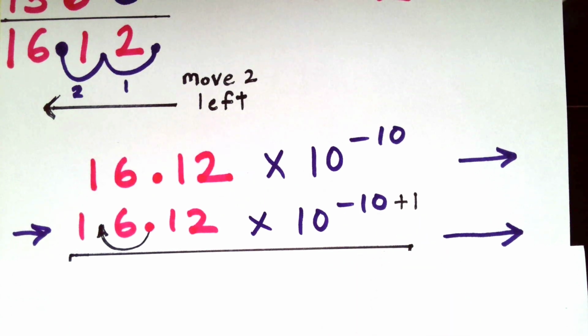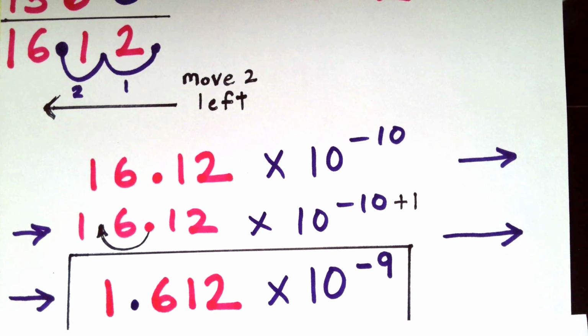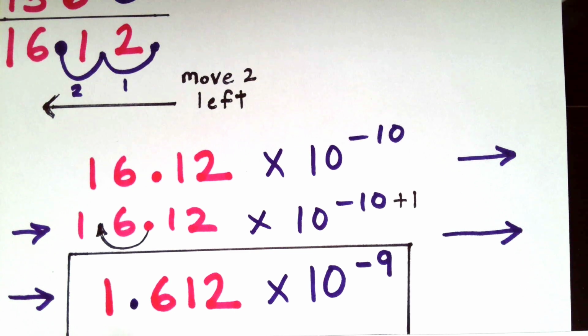How much do you still owe them? Our final answer is 1.612 times 10 to the negative 9. You still owe them $9. That's what the negative 9 represents. 1.612 times 10 to the negative 9 is our product.